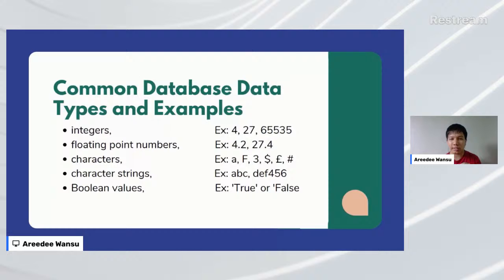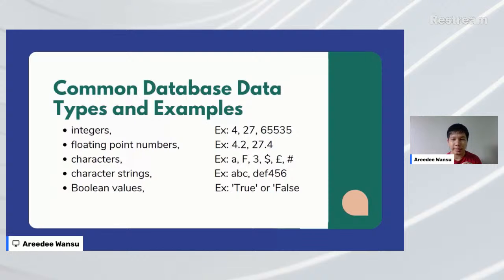The resulting decimal can be rounded off or truncated to produce an integer. For example, here: 427, 65535.